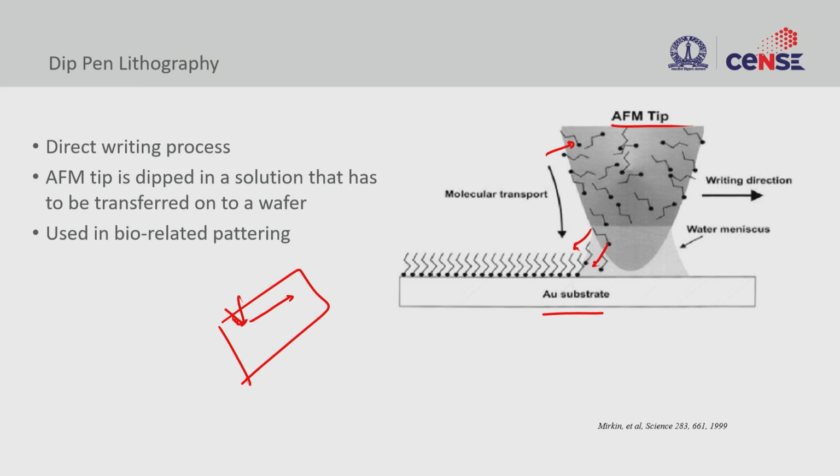Of course, you need to make sure that the wettability of the surface is also taken into account, where you should be able to transfer these molecules. So this is primarily used for bio-related patterning, where you want to transport molecules and arrange molecules in a certain fashion. Okay, so that is a brief summary of alternate lithography that is existing.